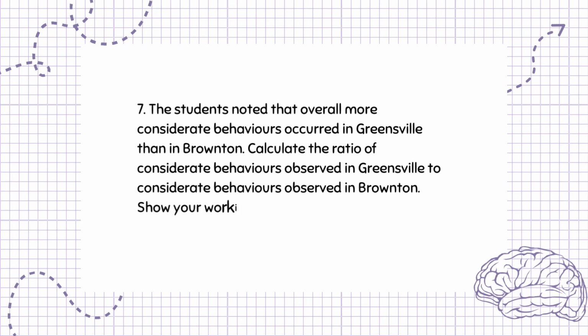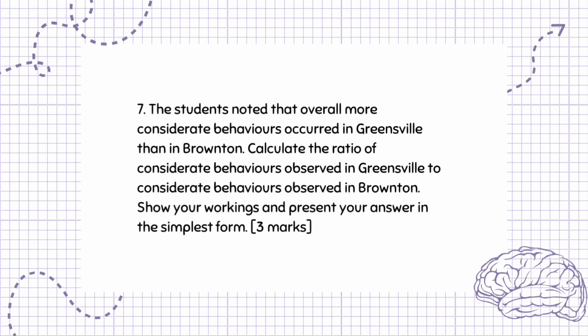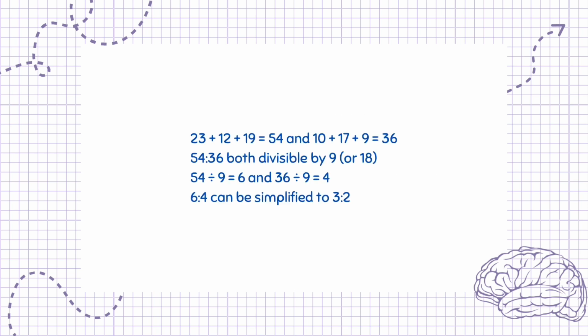Show your workings and present your answer in the simplest form. 3 marks. 23 plus 12 plus 19 is equal to 54 and 10 plus 17 plus 9 is equal to 36. 54 to 36, both divisible by 9, or 18. 54 divided by 9 is equal to 6 and 36 divided by 9 is equal to 4. 6 to 4 can be simplified to 3 to 2.